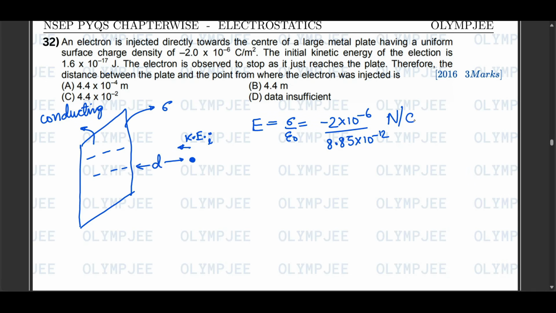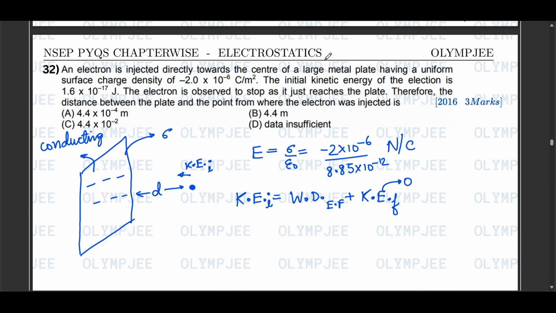Newton per coulomb. So we know that due to energy conservation, initial kinetic energy is equal to work done by the electric field plus final kinetic energy. So this is 0.